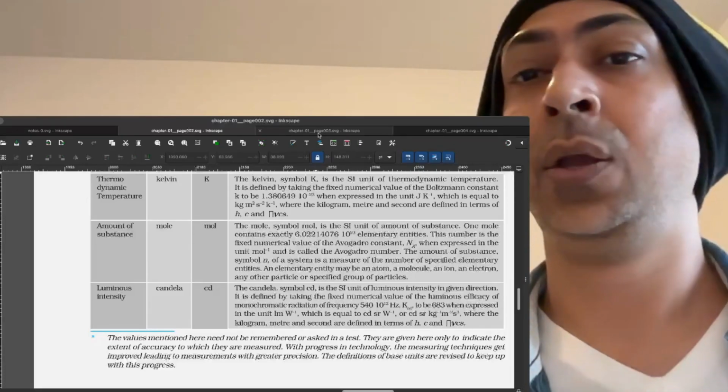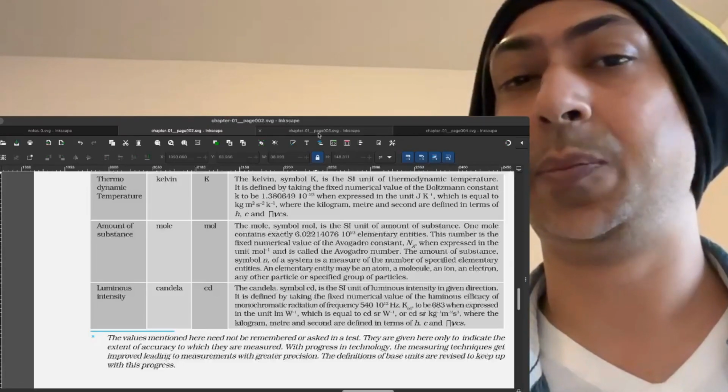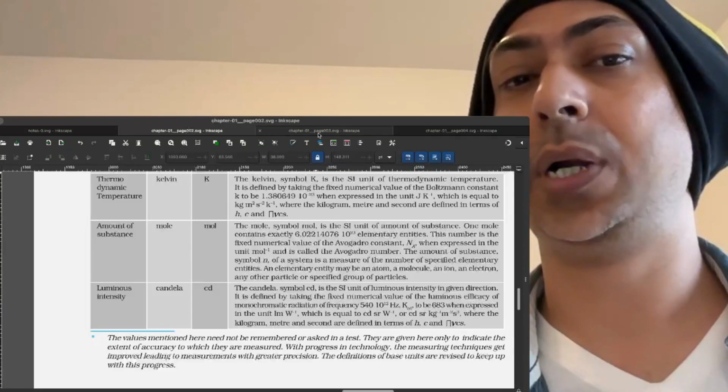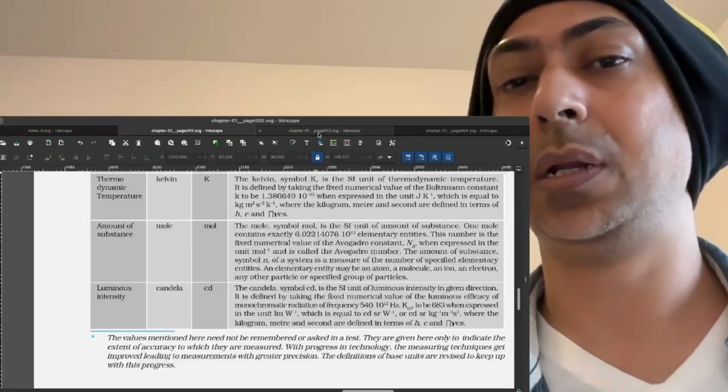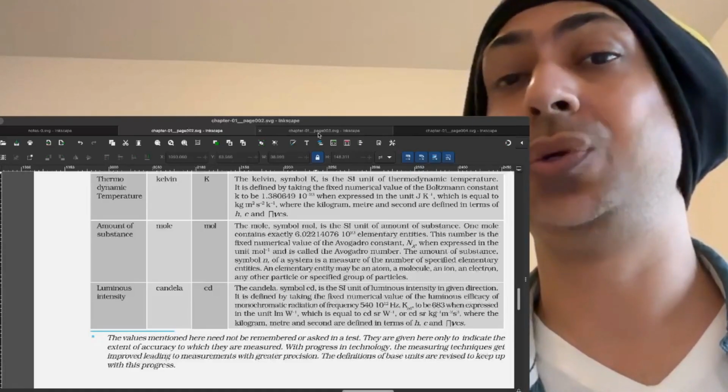Let's see. When only an estimate is required, the quantity is of the order of 10 to the power b. For example, the diameter of Earth, 1.28 into 10 to the power 7 meter, is of the order of 10 to the power 7 meter with the order of magnitude 7.